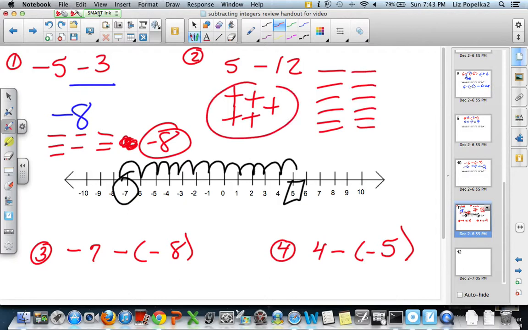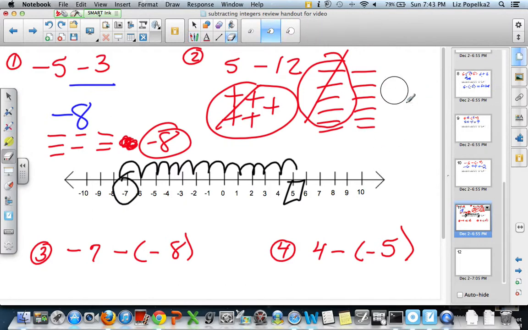So this positive 5 and 5 of these negatives would cancel each other out, leaving you with 6 left over, and they are 6 negatives. Whoops, it would help if your math teacher could count, wouldn't it? That would actually leave 7 negatives left over. So either way, whether you use a chip model or the number line, you should get the same answer.